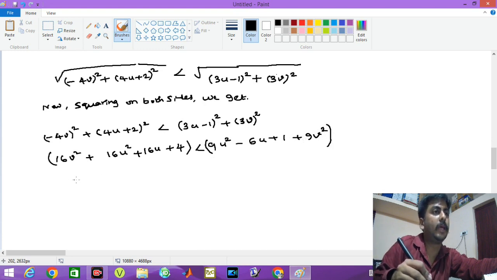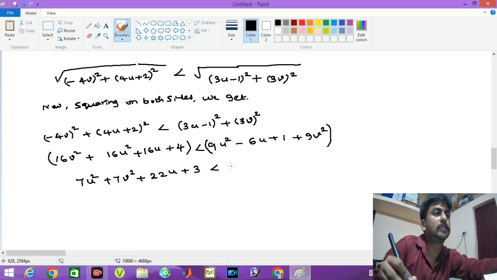We get 16 minus 9 is 7u square, plus 7v square, plus 22u, plus 3, is less than 0.